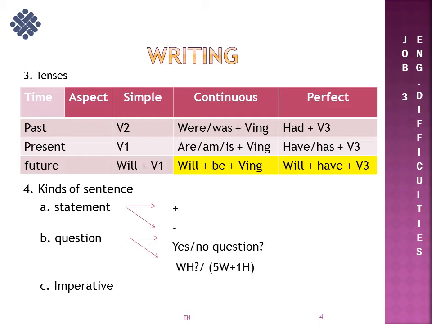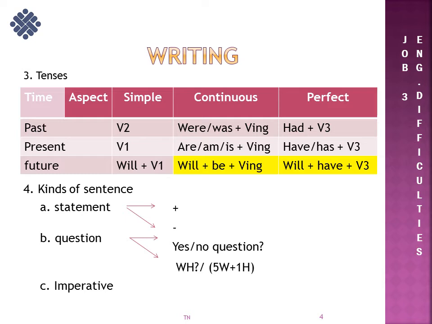You can see from the table the light purple is time. They are past, present, and future. And the heavy purple is aspect.